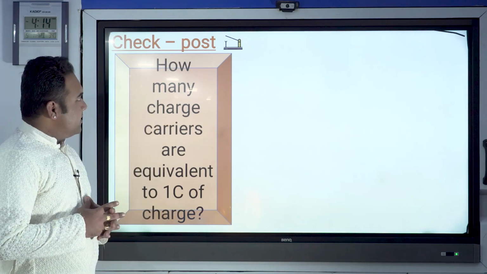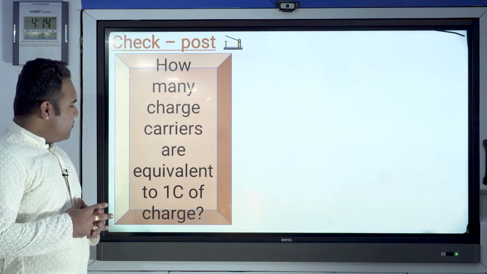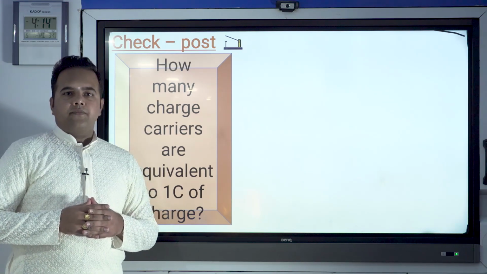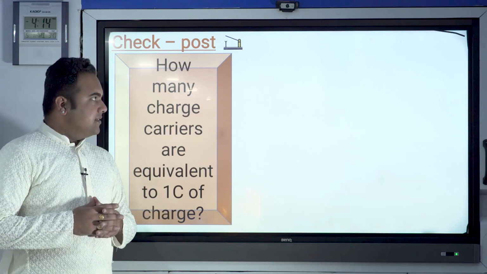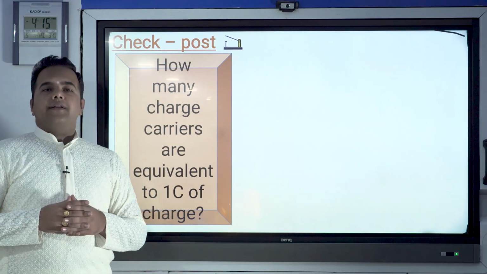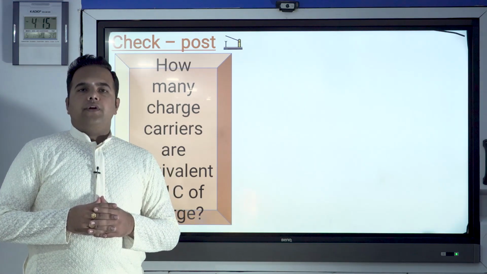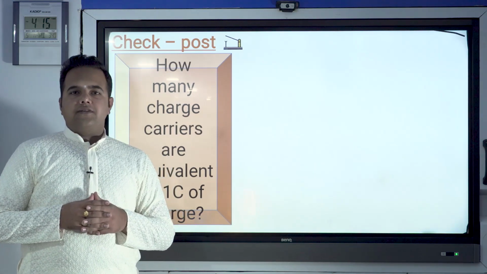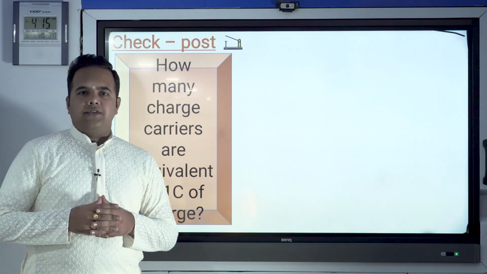Then we took up this question: how many charge carriers are equivalent to 1 coulomb of charge? If you have carefully worked out the basic mathematics, we arrive at the conclusion that 6.25 into 10 to the power of 18 electrons put together would constitute 1 coulomb of charge.